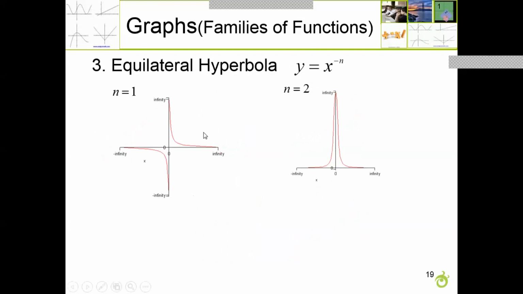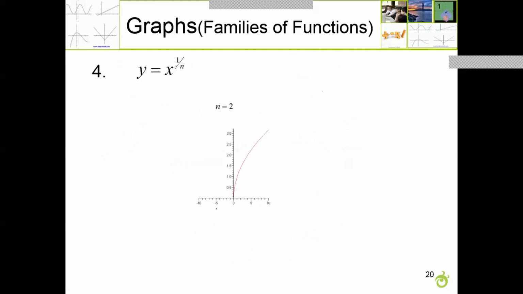Okay, and then the graph in the form of y equal to x power of negative n. So this is the graph for y equal to x power of -1 and x power of -2. And this is the graph for y equal to x power of 1/2.